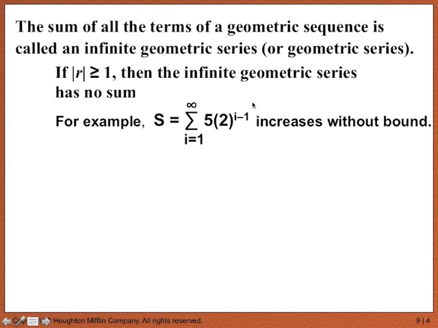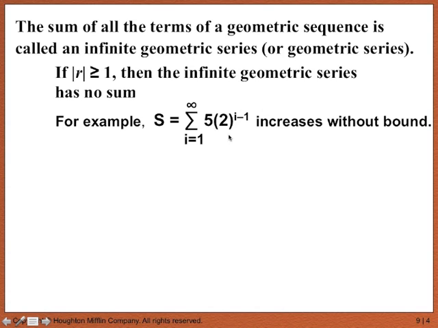You'll see this terminology sometimes in pre-calculus and calculus. To increase without bound means it just gets bigger and bigger, never stops, and therefore there is no sum, because you can't write the sum as a finite number. Therefore we say that there is no sum.